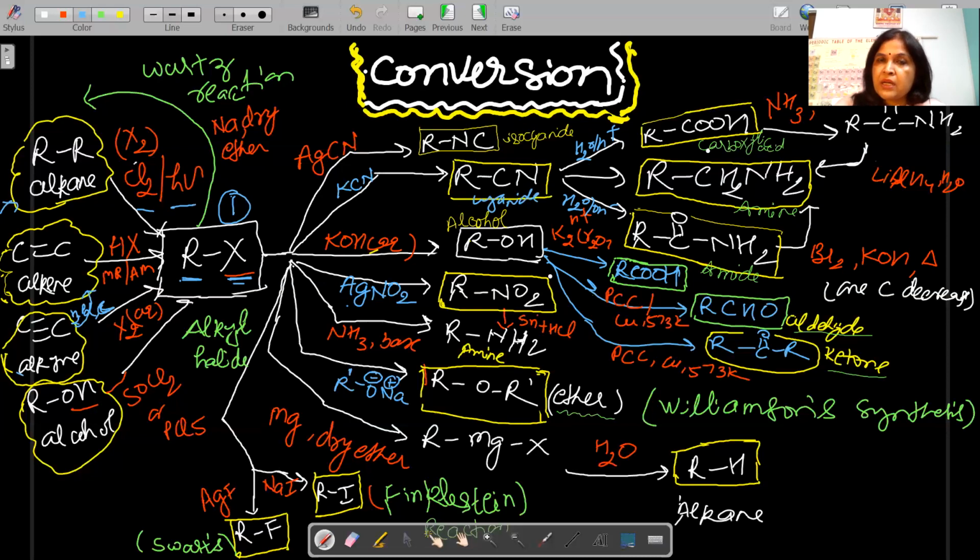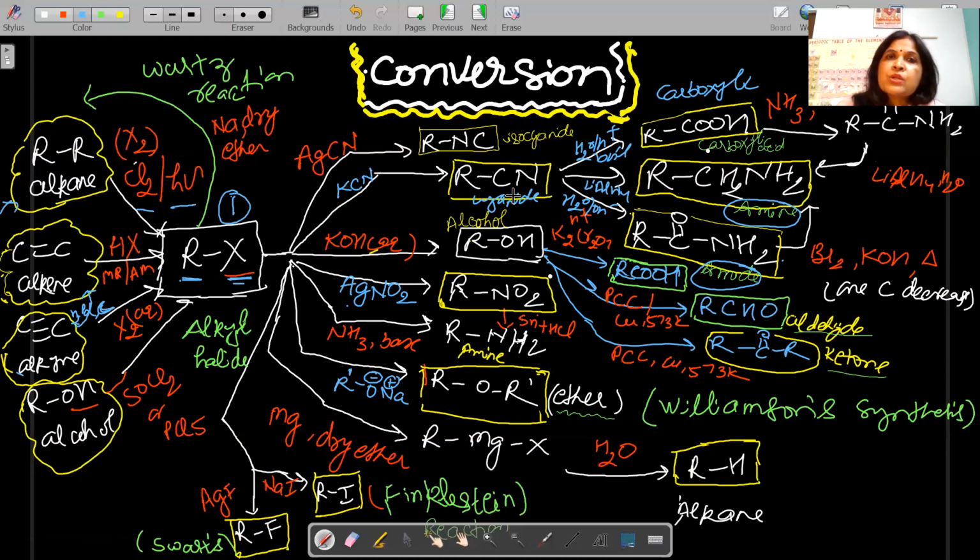From cyanide, we can get carboxylic acid by complete hydrolysis. We can get amide by partial hydrolysis, or we can get amine by reduction. For reduction, we can add any suitable reducing agent like lithium aluminum hydride or hydrogen with palladium catalyst.